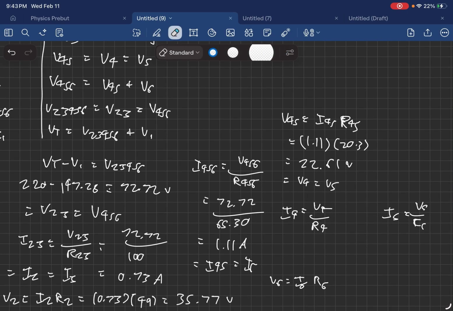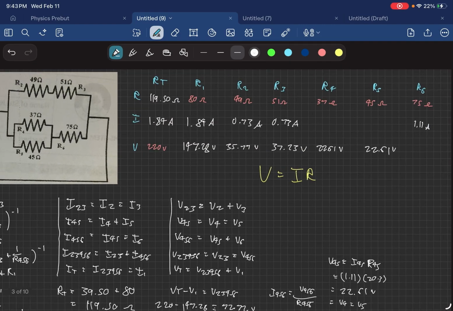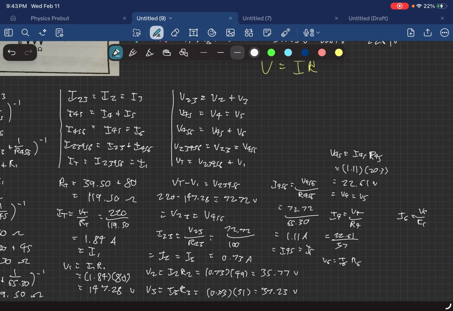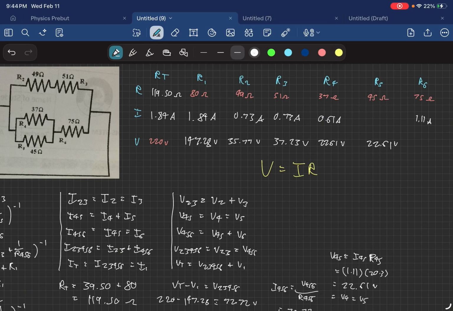So we can just do all of these. What is our V4? It is 22.61 over our R4, which is 37, and this will give you 0.61 amperes.